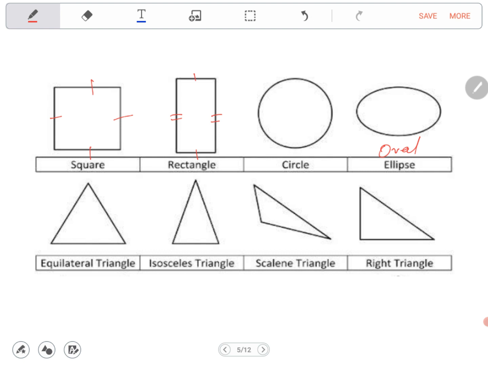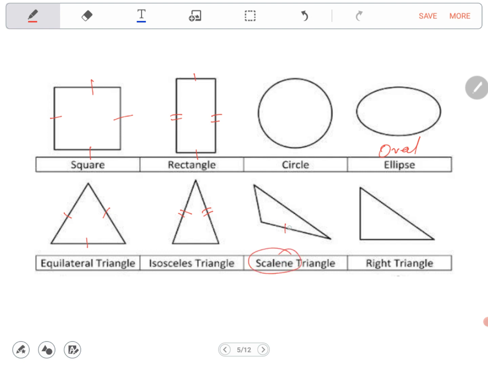All right. Then we have an equilateral triangle. Equilateral simply means equal sides. Lateral means side, so this side is equal to this one and equal to this one. An isosceles triangle is a triangle whereby two sides are equal, so this side is equal to this side. And a scalene simply means that none of the sides are equal.